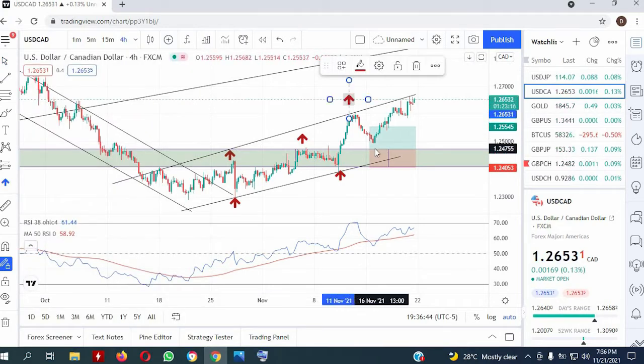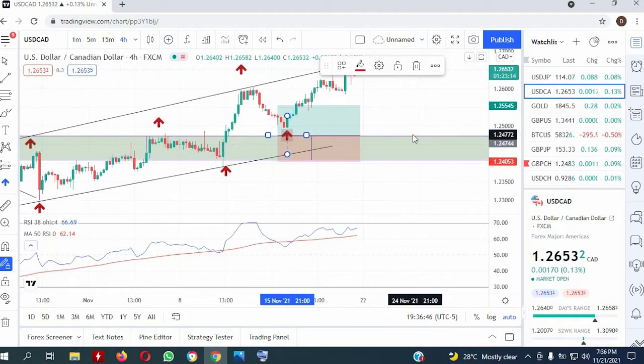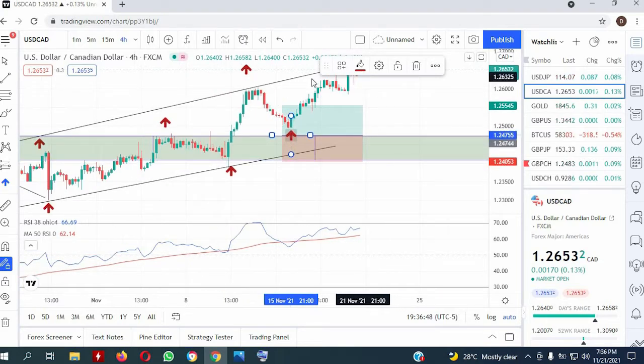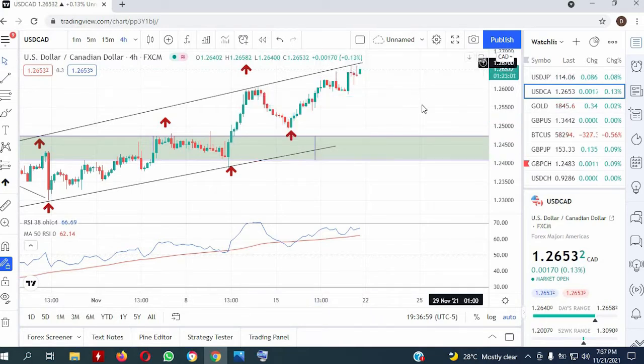So we have two higher highs and higher lows. So for this week, I'm going to have the USD CAD.